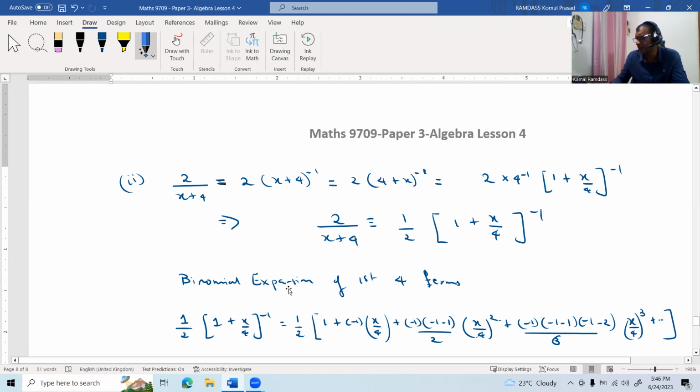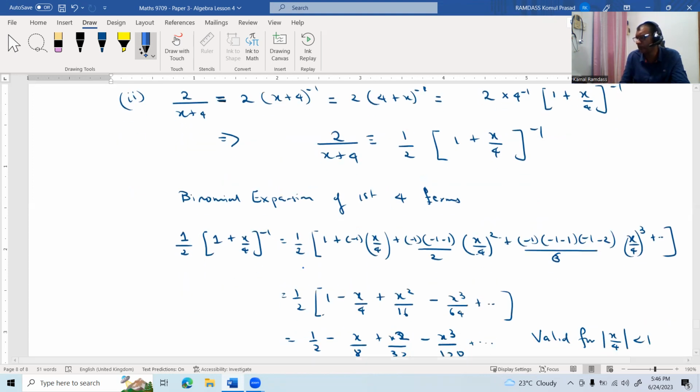Et binomial expansion of the first 4 terms, moi vous gagne half (1 plus minus 1 times x divided by 4 plus (minus 1 times minus 2 divided by 2)(x over 4) squared plus (minus 1 times minus 2 times minus 3 divided by 6)(x over 4) cubed).